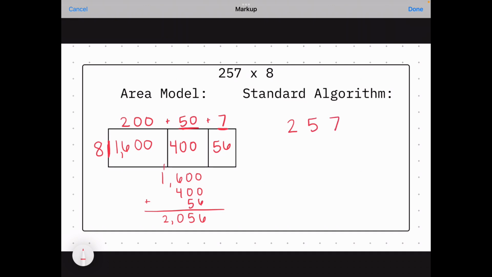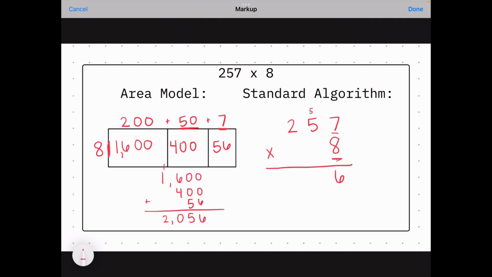257, my longer number goes on top, multiplied by that 1 digit. And this time I'm going to be multiplying my 8 by all of the top numbers starting in the ones place. 8 times 7 is 56, so similar to addition, I'm going to carry over that 5, drop down that 6.